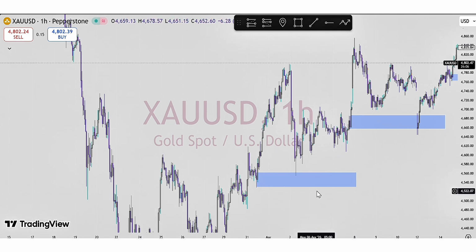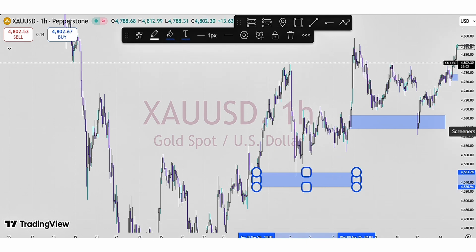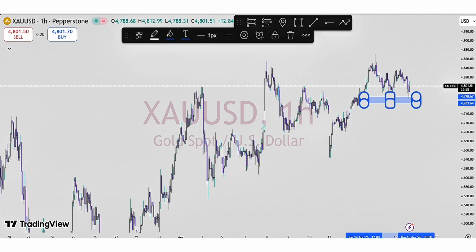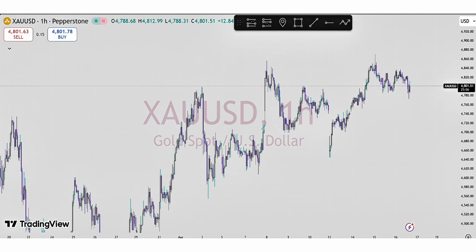This particular strategy is valid for any time frame at all, but always remember that a higher time frame is stronger than a lower time frame. If you're taking your trades from the lower time frame, don't over-expect. Quickly take your profit out, because the higher time frame always overrides the smaller time frame.